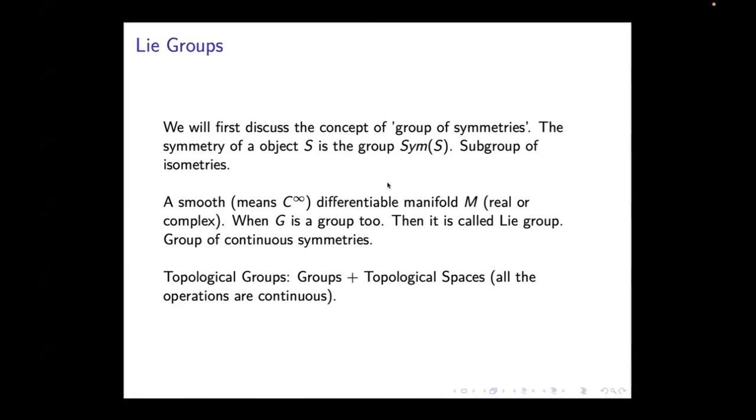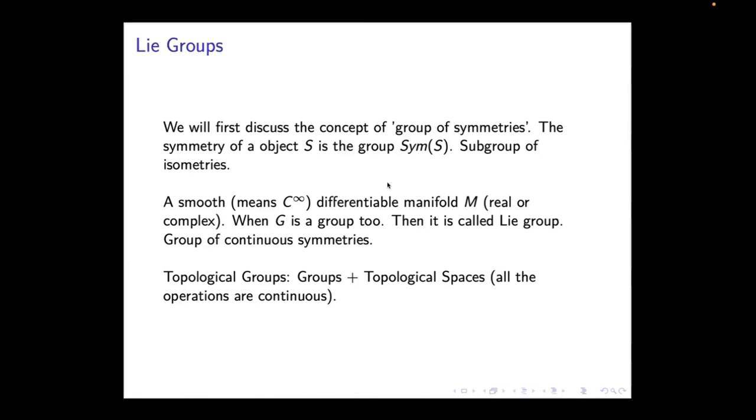I think you understand what are continuous and differentiable functions. So a manifold is just that, where every point is differentiable. And smooth means C infinity. That means every function can be differentiated up to infinite power.